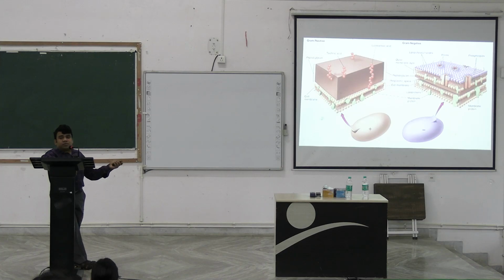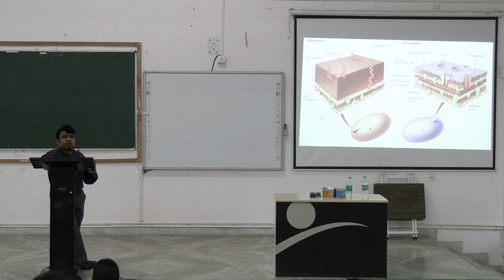Now let us look at the gram negative bacteria. This is the cell membrane. This is the peptidoglycan layer. Now I think you can appreciate how small it is. And outside this peptidoglycan, we have what is called the outer membrane layer. It contains, below it, the lipopolysaccharide layer.